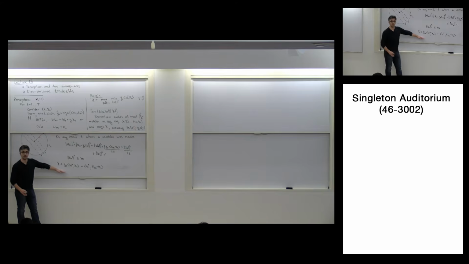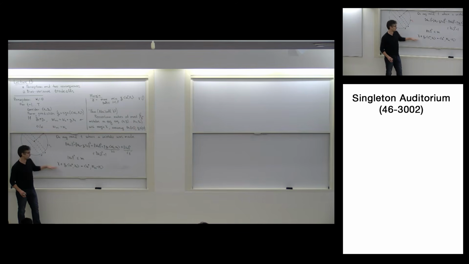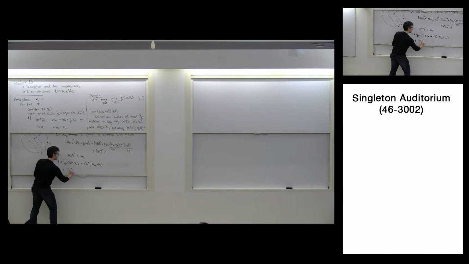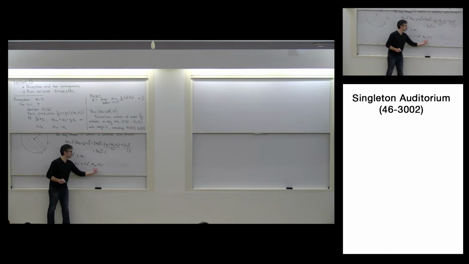Let me add them up over all the rounds. So I'm going to add this inequality over all the rounds when there was a mistake. So I get m times gamma is upper bounded by w star times, okay, I get a bunch of w_{t+1} minus w_t, w_t minus w_{t-1}, and so forth.